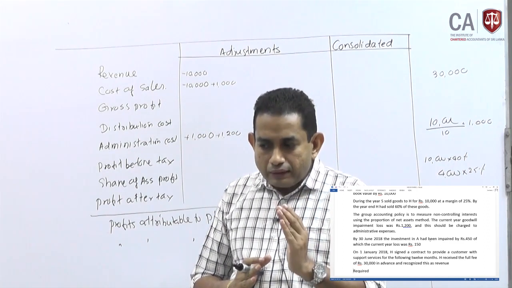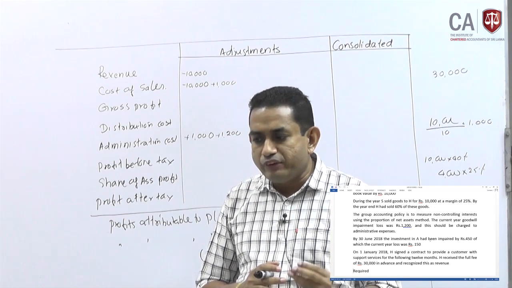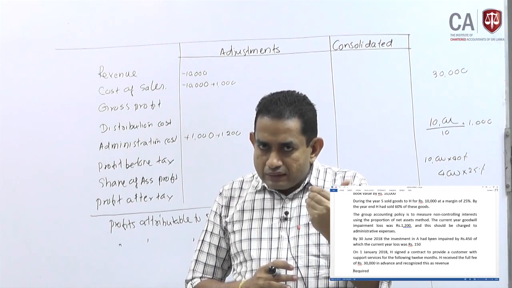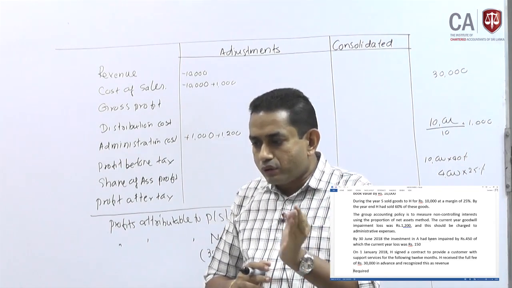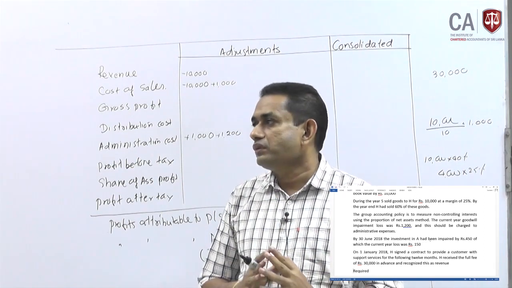You should recognize revenue as and when the performance obligations are satisfied. Out of 30,000, only 15,000 can be recognized into revenue because we would have completed our services over 6 months' time. Why 6 months? We entered into the contract on 1st January and the reporting date is 30th June.